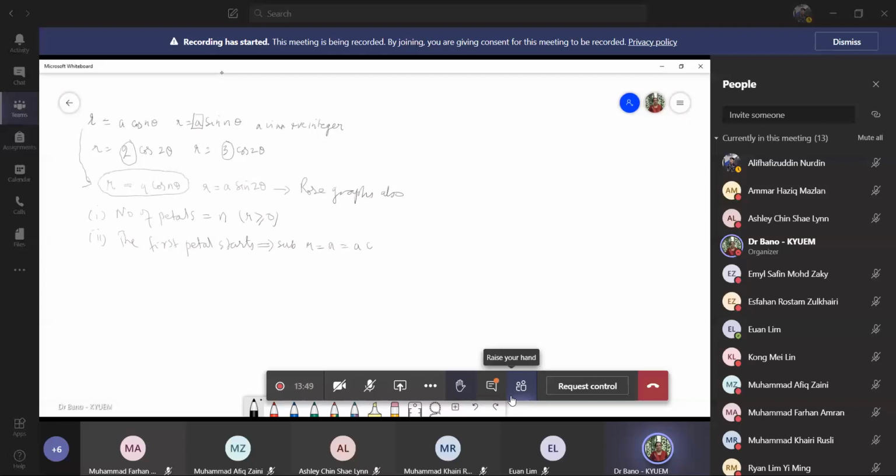So let us not even go to that. I'll just substitute r = a and solve for θ. Now you just find out one value of θ. You need only one value.